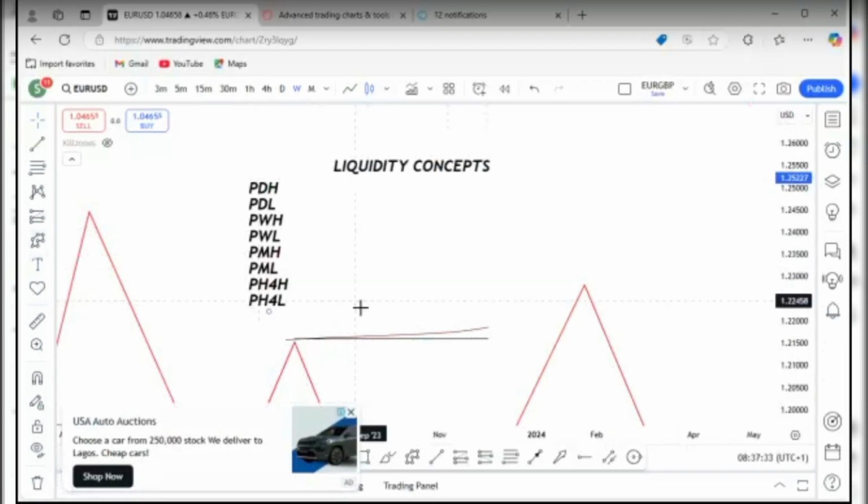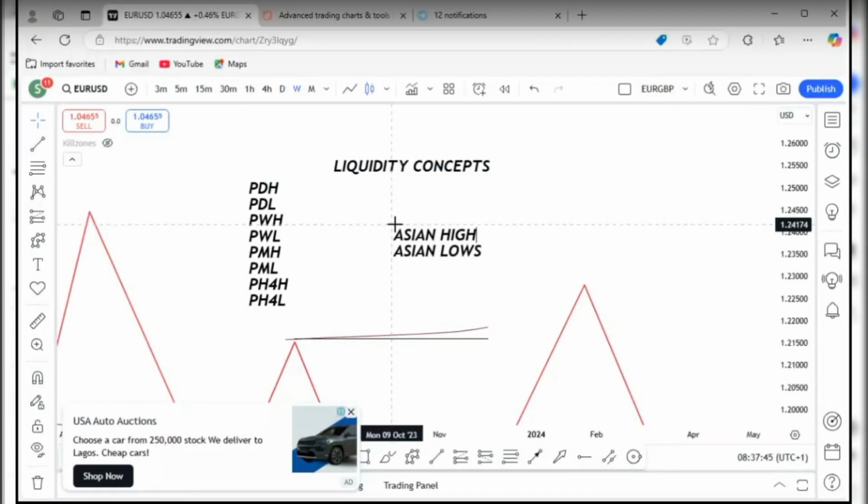These could also include Asian highs and Asian lows. These are all liquidity points.